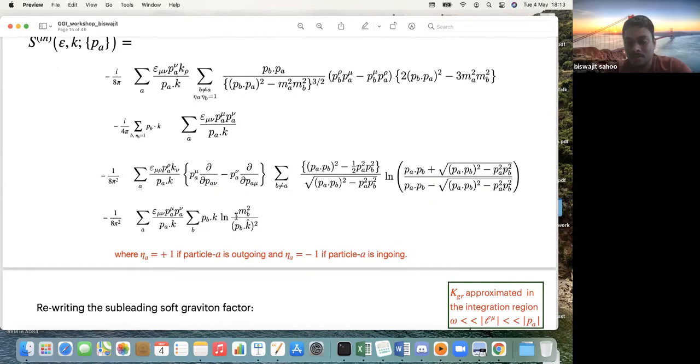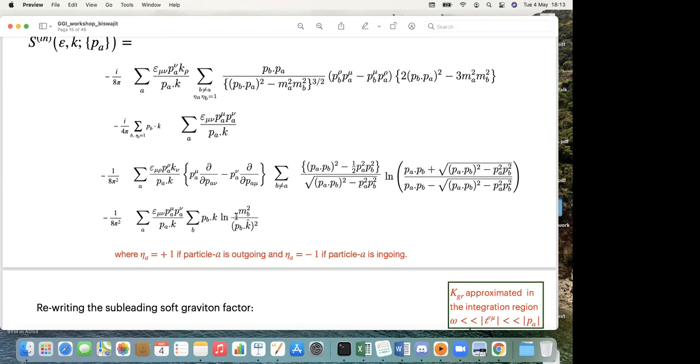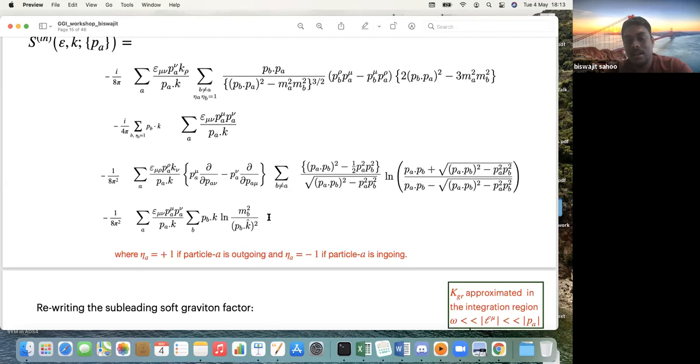But Vishwajit, they vanish only at leading order, right? I mean, there will be a contribution. Yeah, it's not exactly zero.